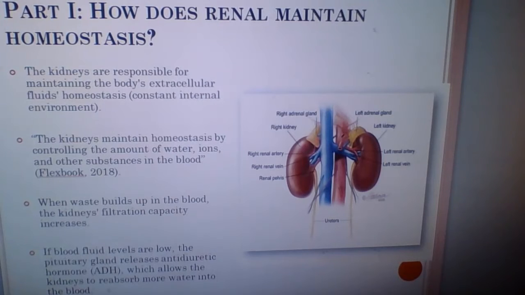When waste builds up in the blood, the kidney's filtration capacity increases. If blood fluid levels are low, the pituitary gland releases antidiuretic hormone, ADH, which allows the kidneys to reabsorb more water into the blood.